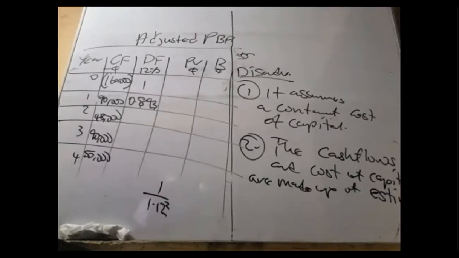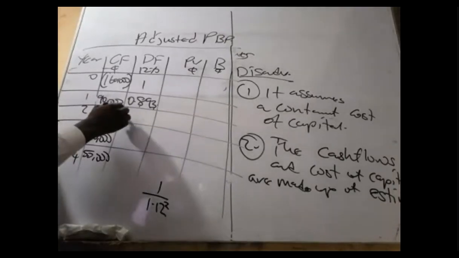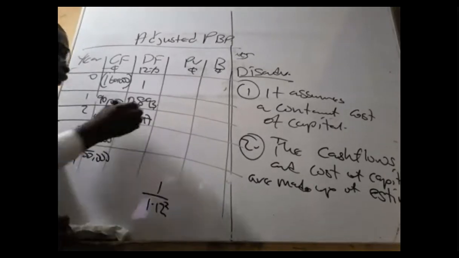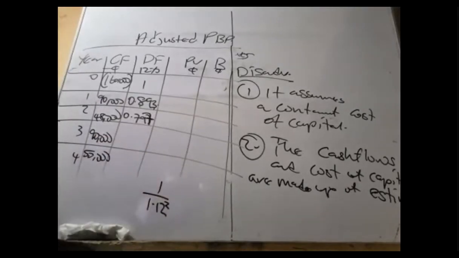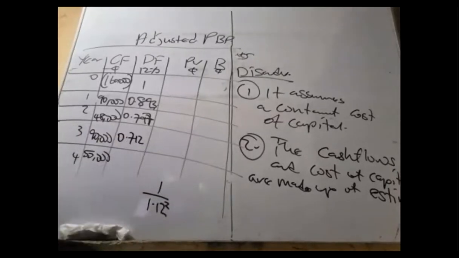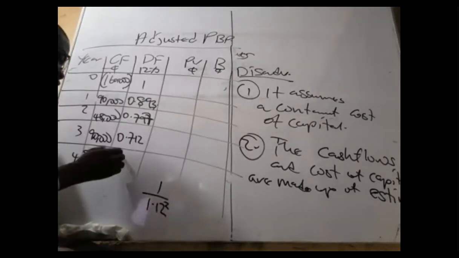Year 2 is 0.797. Year 3 happened to be 0.712. Then we're going for the last one, year 4, which is 0.636.